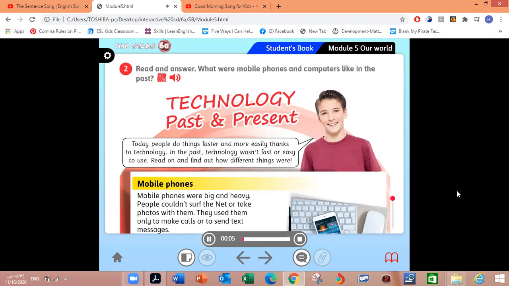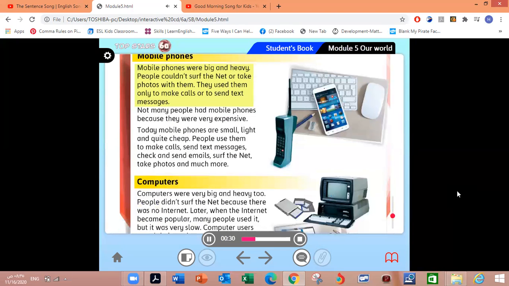2. Read and answer. What were mobile phones and computers like in the past? Technology, past and present. Today, people do things faster and more easily thanks to technology. In the past, technology wasn't fast or easy to use. Read on and find out how different things were. Mobile phones. Mobile phones were big and heavy.